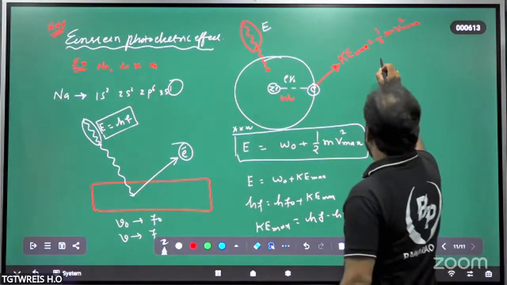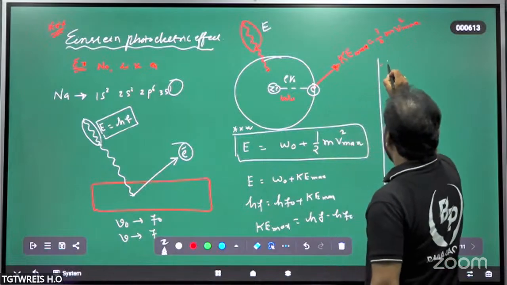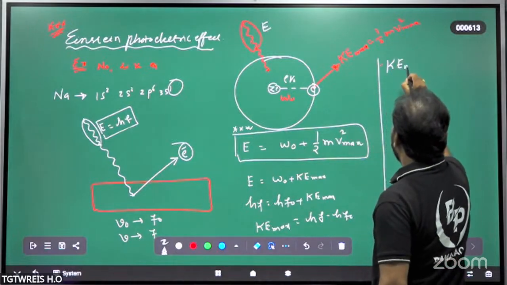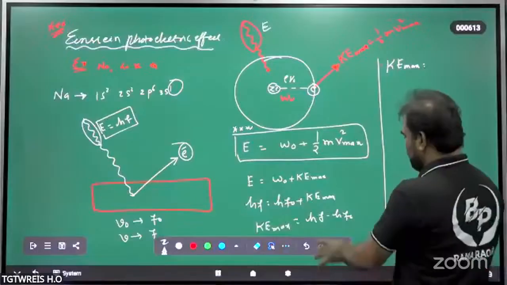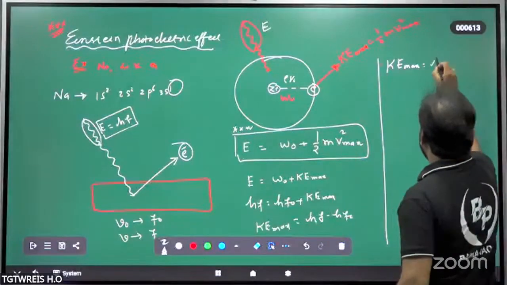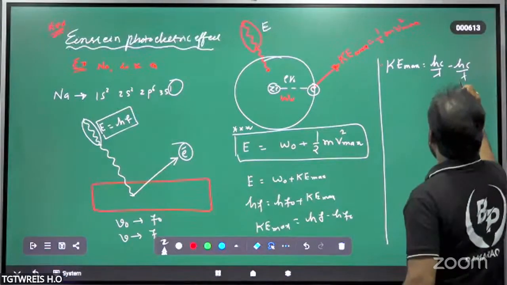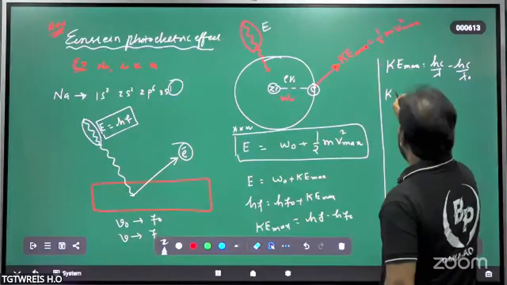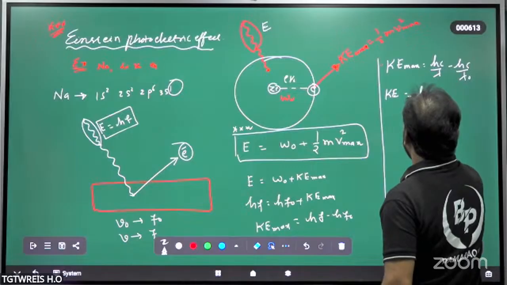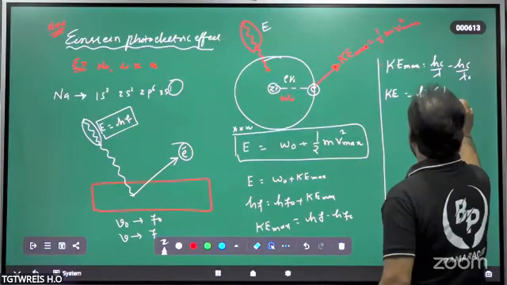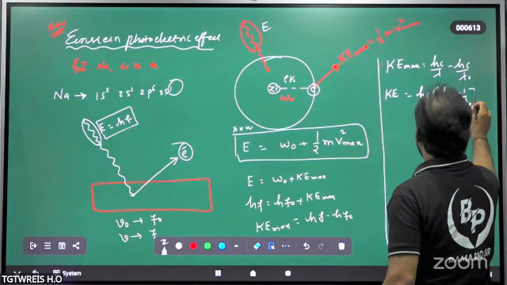So the kinetic energy of an electron, KE max, is equal to hc by lambda minus hc upon lambda naught, and KE max is equal to hc times 1 by lambda minus 1 by lambda naught.